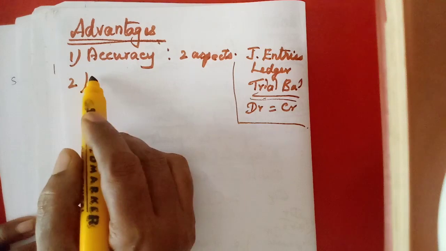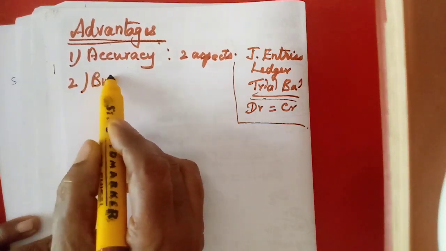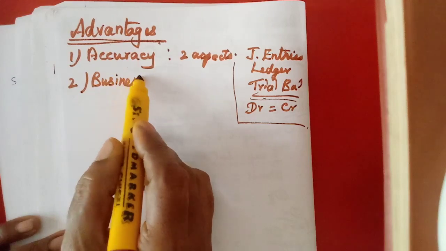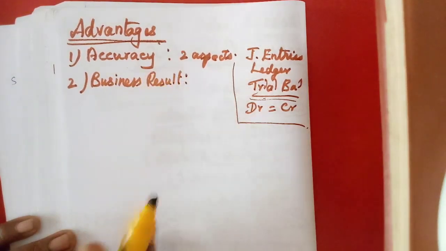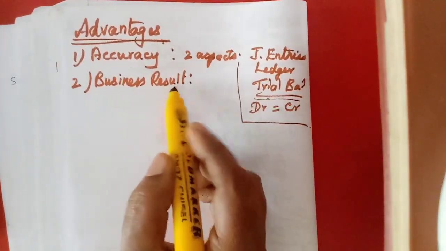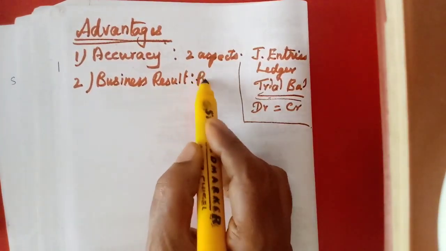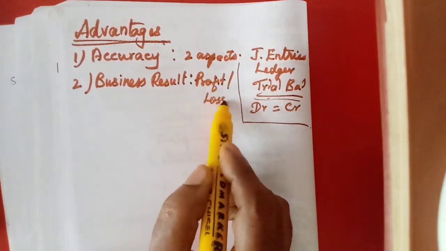Then the second advantage is ascertainment of business results. The result of the business. Like the result of students is pass or fail, the result of the business is profit or loss, whether the business has earned profit or loss.